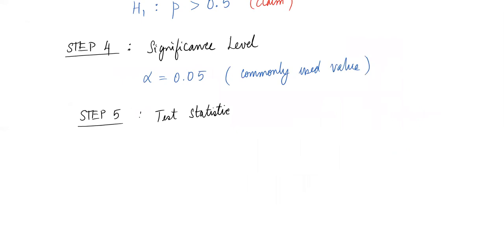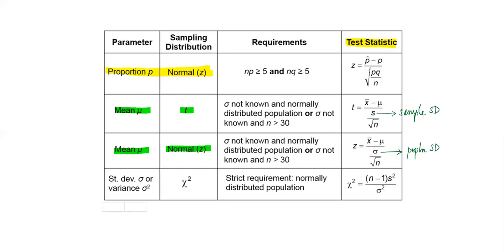So we found that this has to do with proportions, which implies normal distribution. And for that, we have to check the requirements. NP must be greater than or equal to 5, and NQ must be greater than or equal to 5.